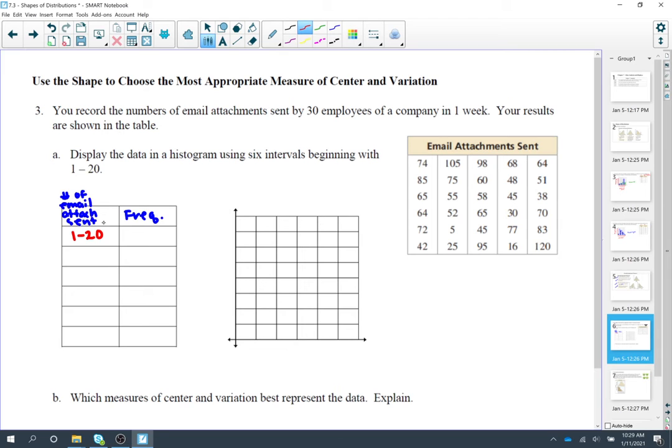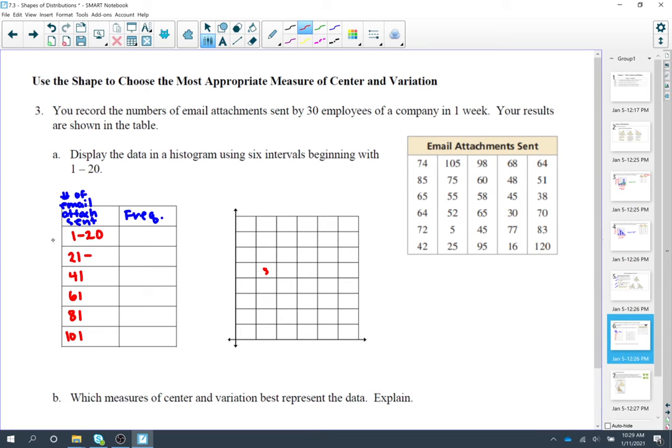Now, on a histogram, when you're doing your intervals, it's kind of like a number line. So if this goes from 1 to 20, then this one's going to pick up at 21. You can think of counting equally. If this is 1 to 20, then I'd have to go 21, 41, 61, 81, and then this one's finally going to be 101.